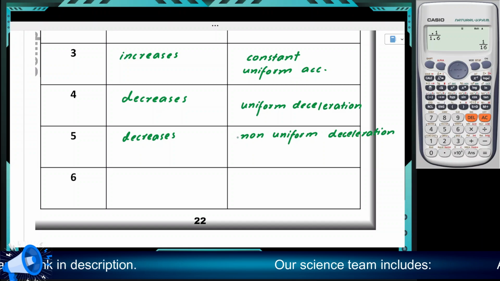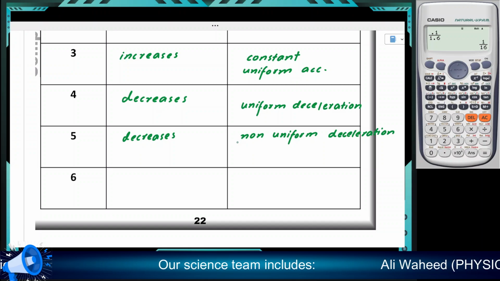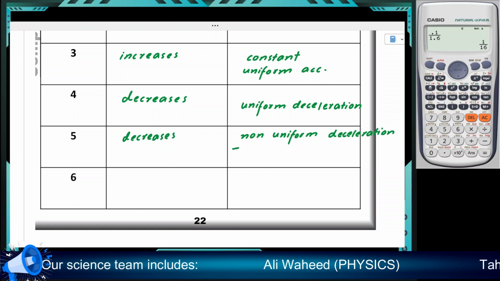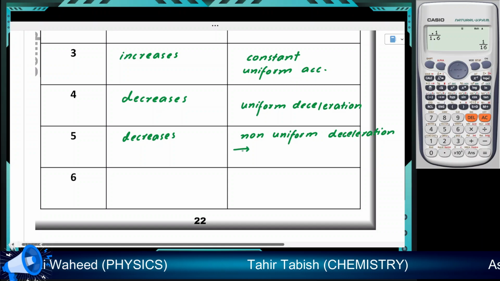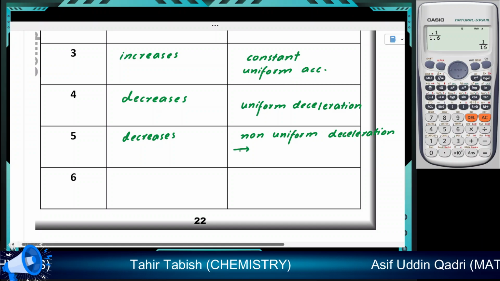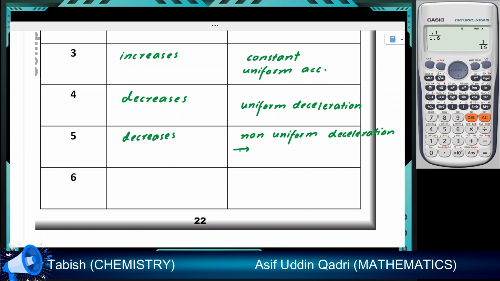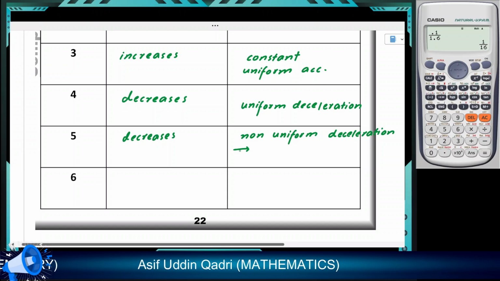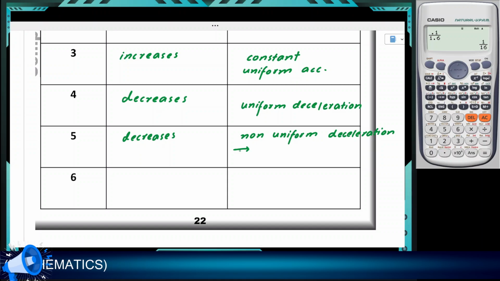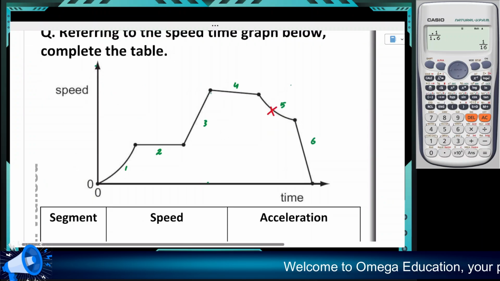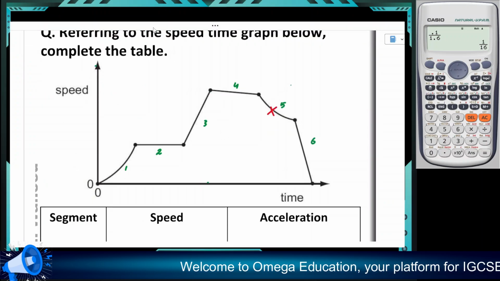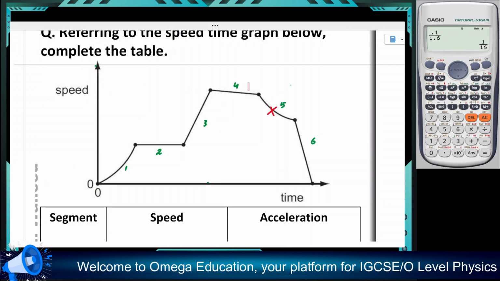Like I said, for non-uniform deceleration, you can have two options. It could be decreasing deceleration, and it can also be increasing deceleration. Whenever we have something as non-uniform, it can always have two options. It could be increasing or decreasing. So let's see, how do we find out? All we have to see is the gradient.